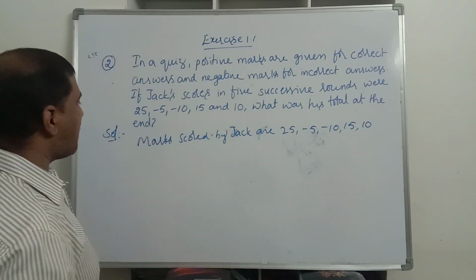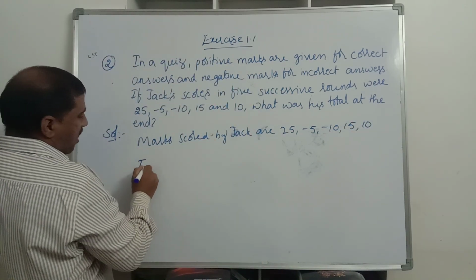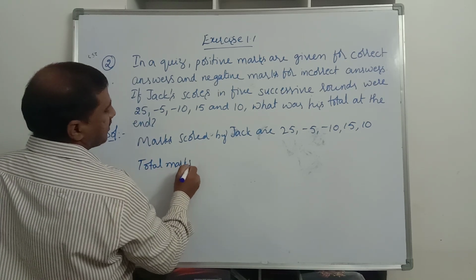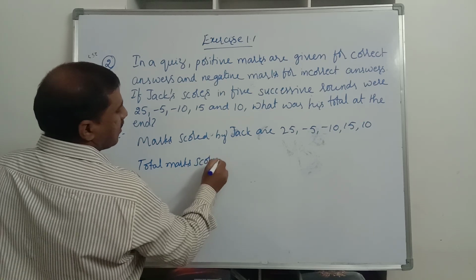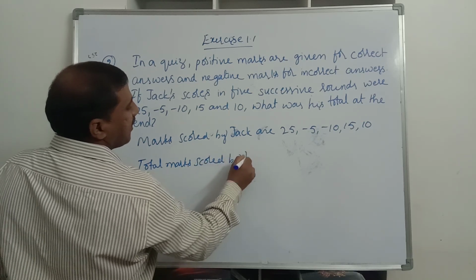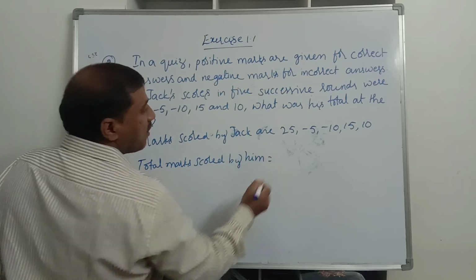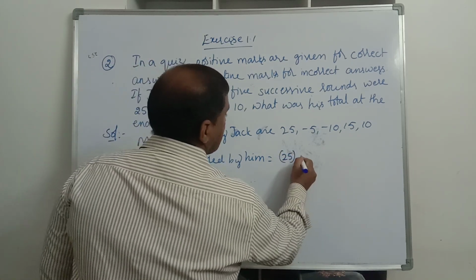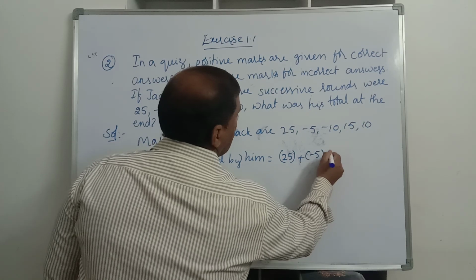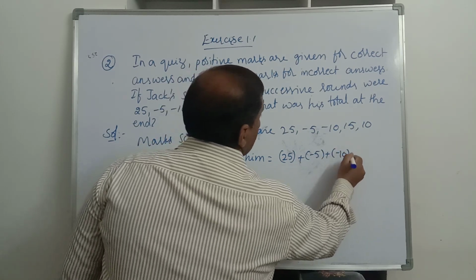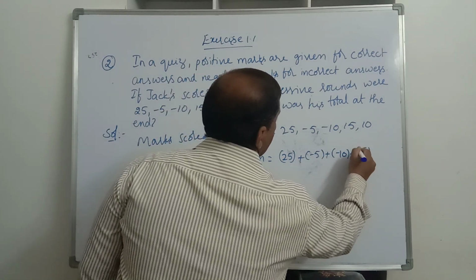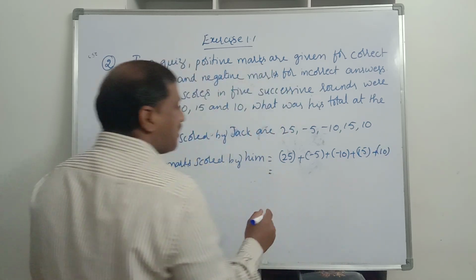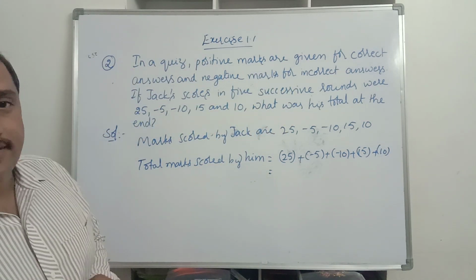So what is the total marks at the end? We should add all those numbers: 25 plus minus 5 plus minus 10 plus 15 plus 10. Here some are positive integers and some are negative integers.